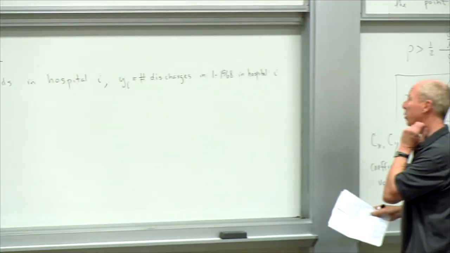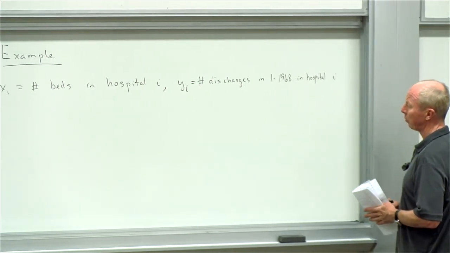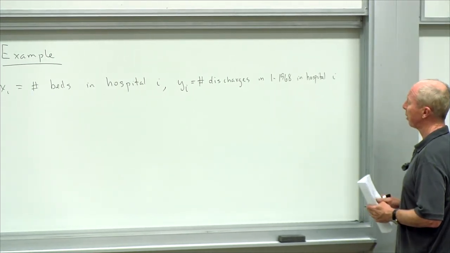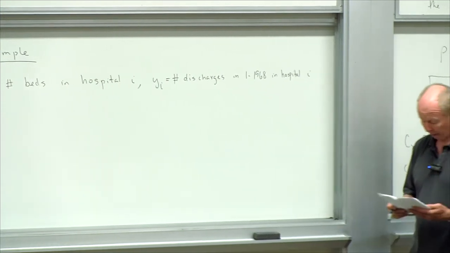Okay, so i is the hospital. We have two measurements for each hospital. One measurement is the number of beds in that hospital. The other measurement is the number of discharges in January of 1968 in that hospital.